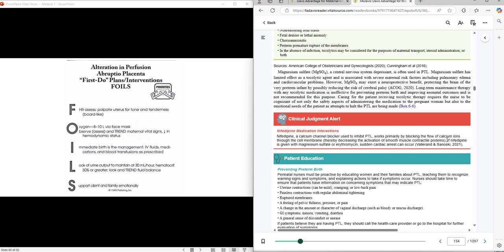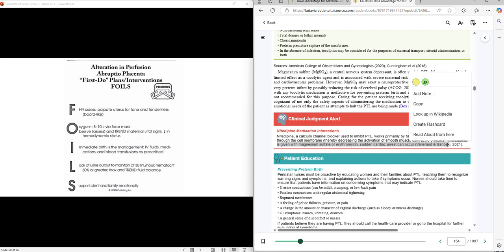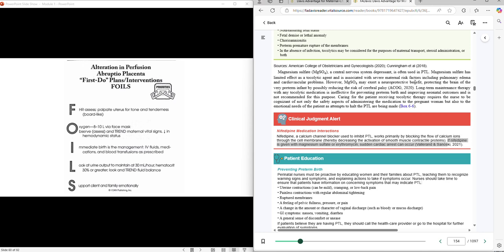Please never, ever, ever give magnesium sulfate with nifedipine. Okay, huge no-no. Wink and lollipop. Never, ever, ever use nifedipine with mag sulfate. Going back up here, it talks about mag sulfate as a CNS depressant. We will talk a lot about mag sulfate in the future.